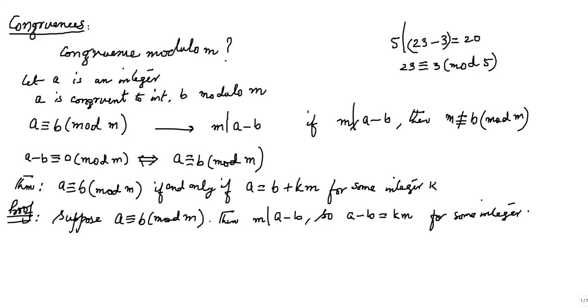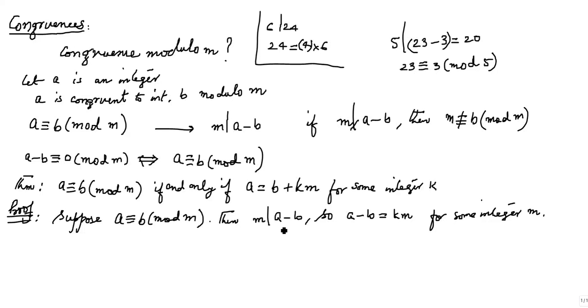For example, if we say 6 divides 24, so we write 24 is equal to some integer times 6. So the integer is 4 here.